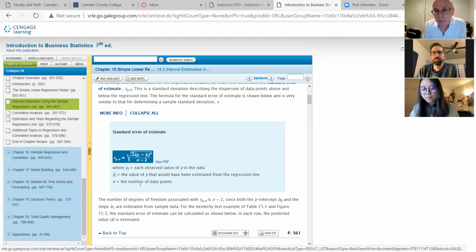We saw in the pooled variance, the degrees of freedom was n1 plus n2 minus 2, right? So you could see that the degrees of freedom can change based on how many variables that you have. All right. So this is called the standard error of the estimate. That's the standard error of the y's based off the x's.